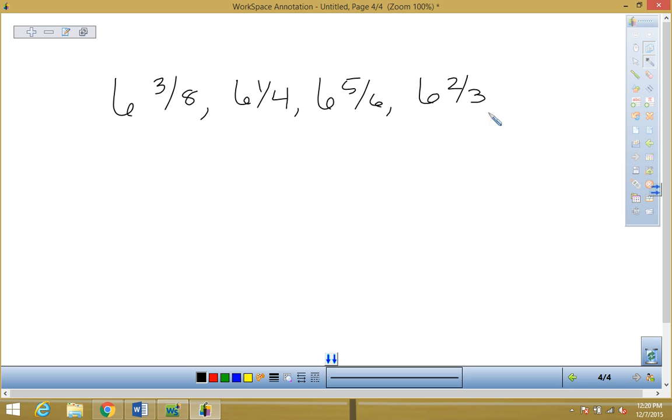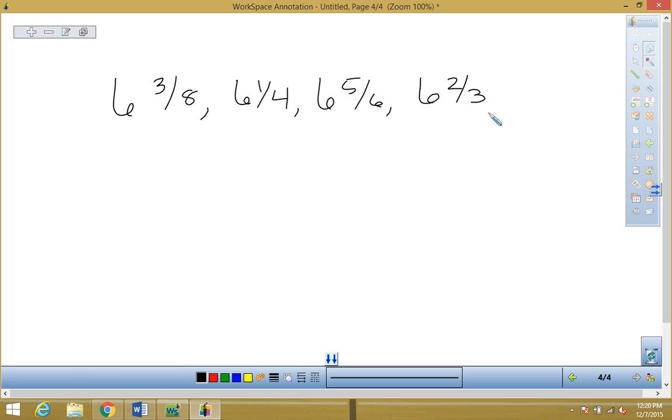From what I saw when I was looking at your assignment, all of the whole numbers are the same. So if you have a problem that has whole numbers in it, it's all the same whole number. Do you have to worry about the whole number to start off with? No. You almost kind of ignore that whole number is there and just look at 3/8, 1/4, 5/6, and 2/3.